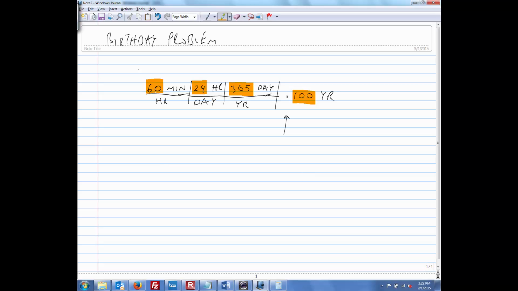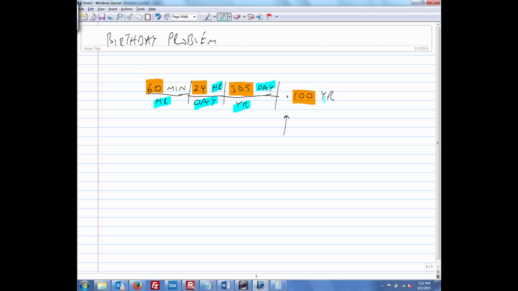So let's take a look at the units and see how they cancel. I'm going to cross through the hours. They cancel, top and bottom. 1 hour divided by 1 hour is 1, so there's a 1 there, but it doesn't have to be written. Same thing, cross through the days.